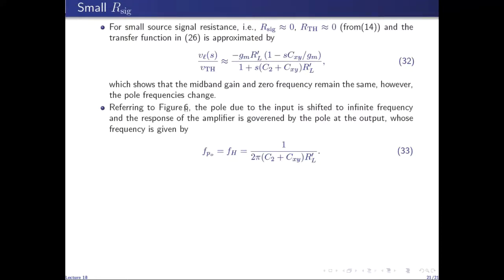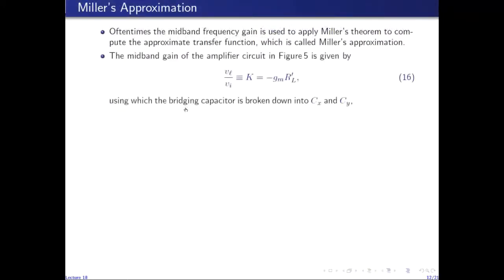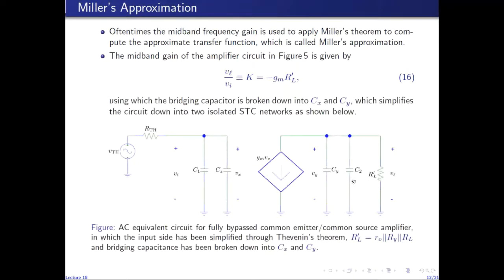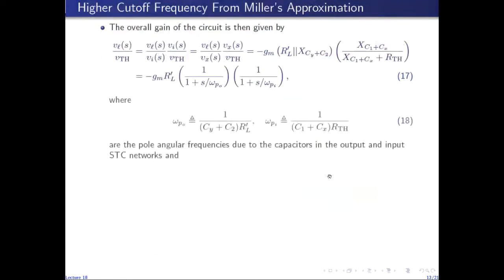Referring to figure 6, you can see that if R7N is almost 0, then the pole frequency associated with this time constant becomes infinity. We are only left with the pole frequency due to the output loop of the amplifier, which is a function of C2, RL prime, and CXY.